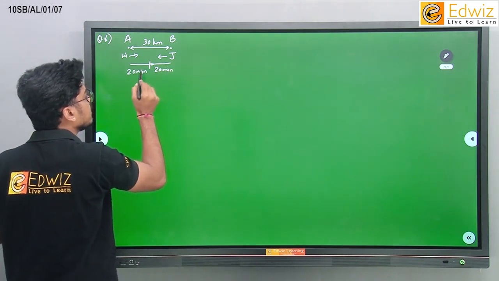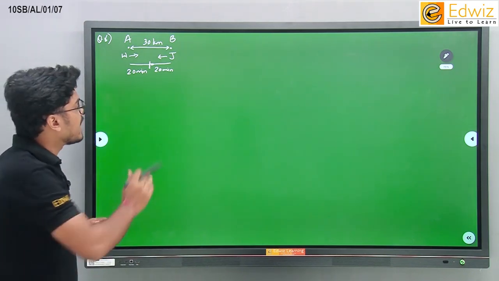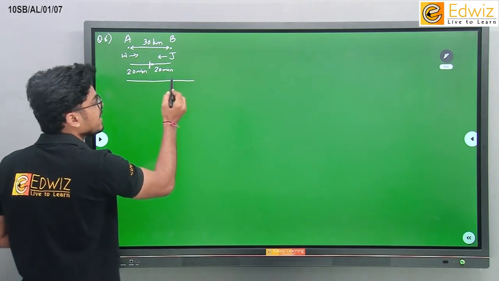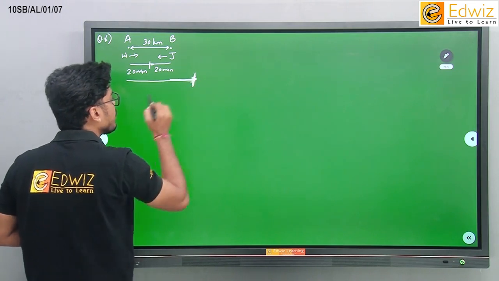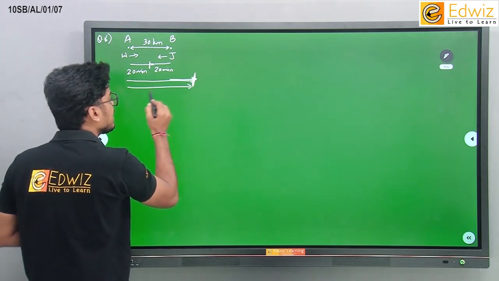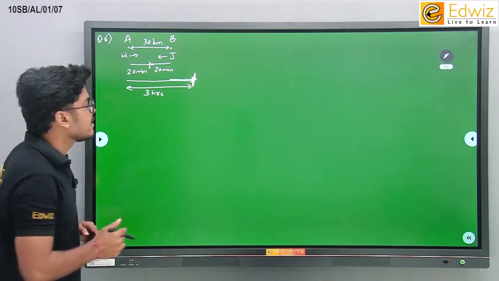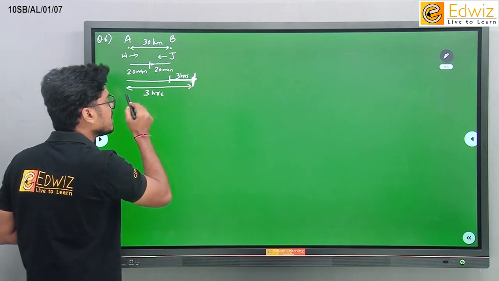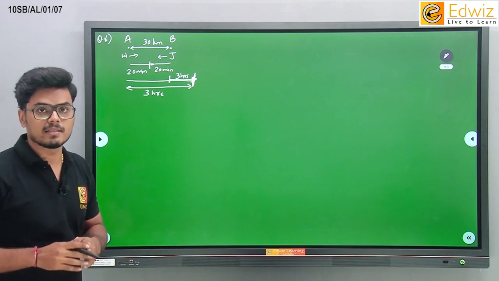Okay, both are traveling for 20 minutes and they are meeting in between. But when Hamid is traveling in this direction, Joseph is going in this direction. They are going in opposite directions. So they are meeting at some point which is 3 hours of travel away from the starting point for both. Okay, Joseph took 3 hours to travel this much distance, Hamid took 3 hours to travel this much distance. This is the question in a nutshell.